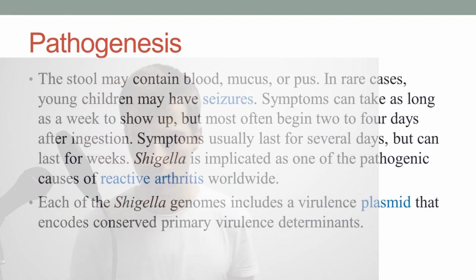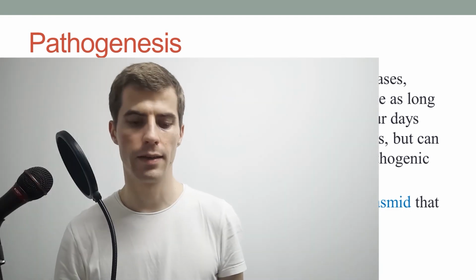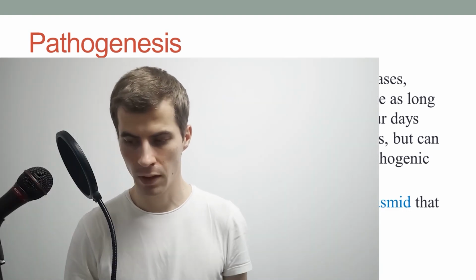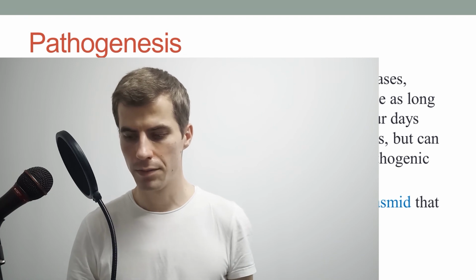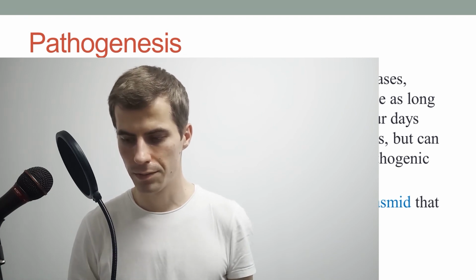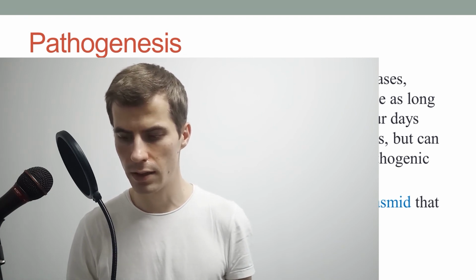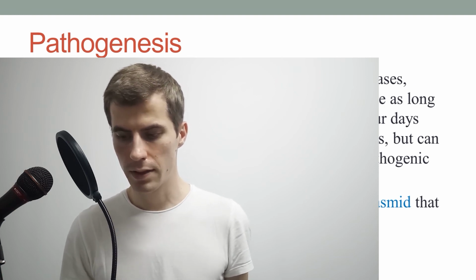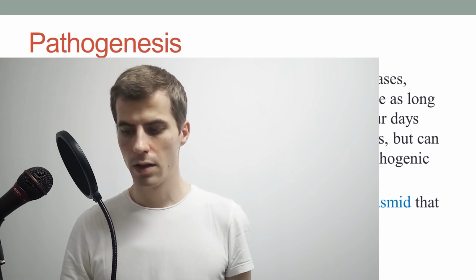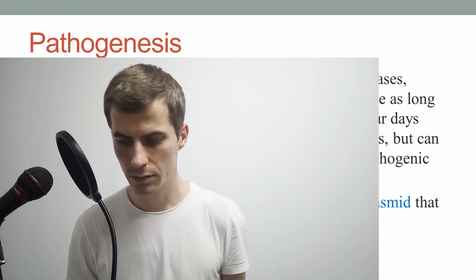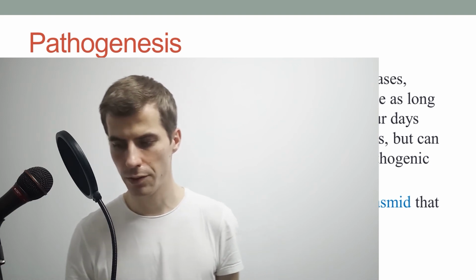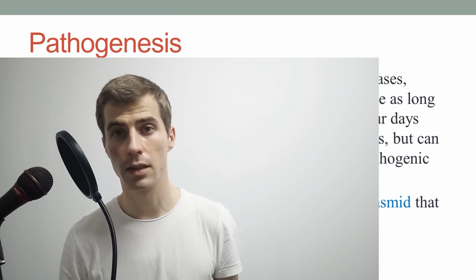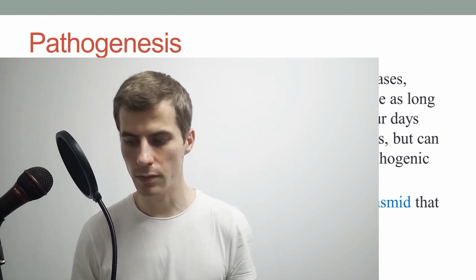And as I said, stool may contain blood or mucus or pus. It will depend on severity and on localization of infection. Very often it produces severe diarrhea. Usually it lasts a few days, but it can increase up to a few weeks.